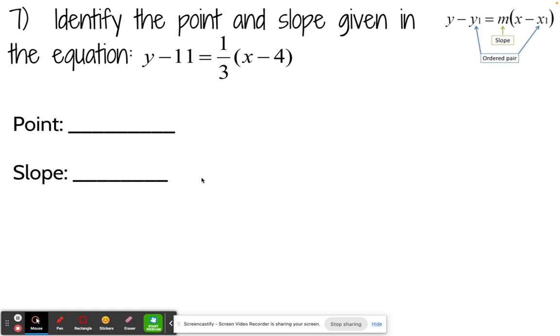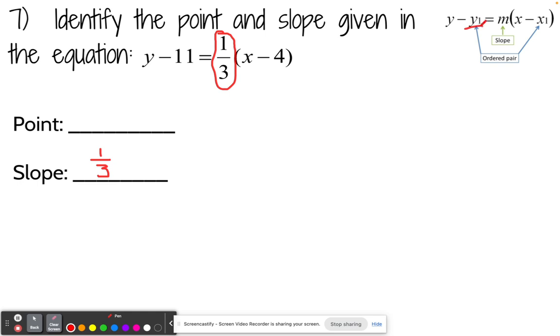Okay. Now for this one, we want to find the point and the slope. Well, the slope is the easy part. This is my slope. This is my m. So my slope is 1/3, and it's a positive 1/3. Now we know my point slope.